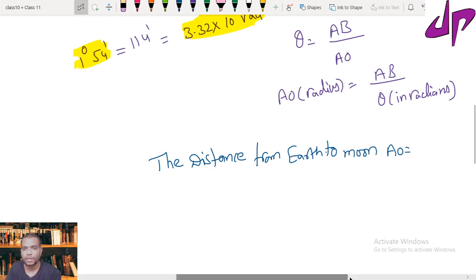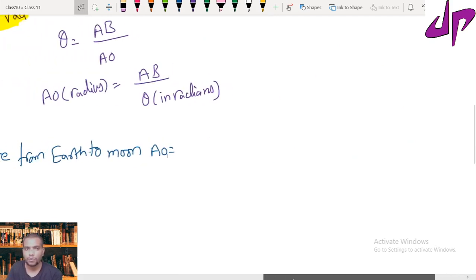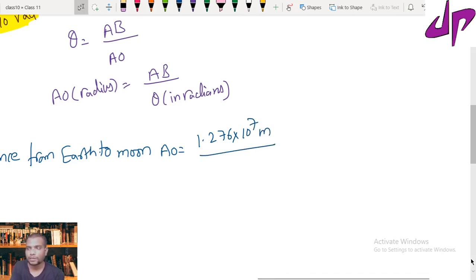You can substitute the AB value, which is given as 1.276 times 10 power 7 meters, and the theta value I got is 3.32 times 10 power minus 2 radians.